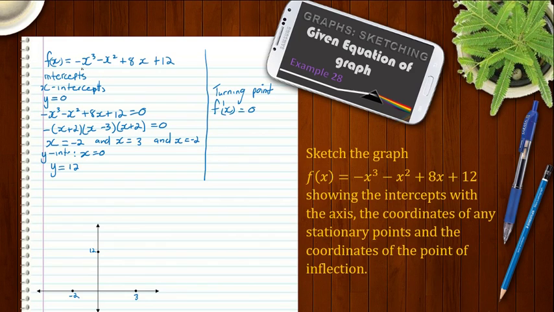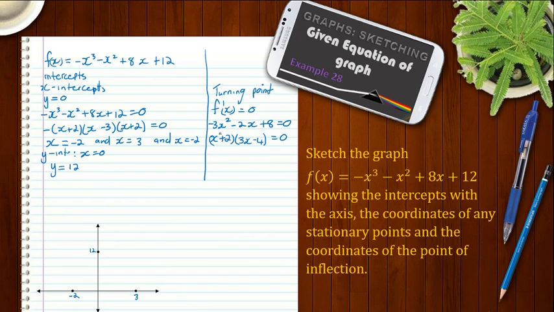So my first derivative of this is negative 3x squared minus 2x plus 8 equal to 0. And once again, I'm not going to go into detail about factorizing this, but the factors are x plus 2 and 3x minus 4 equal to 0.